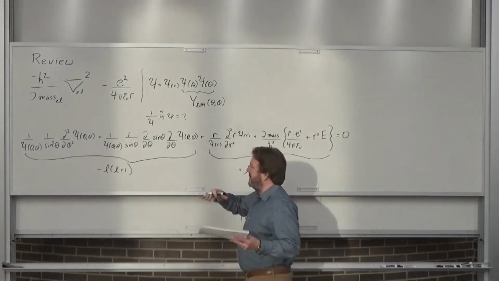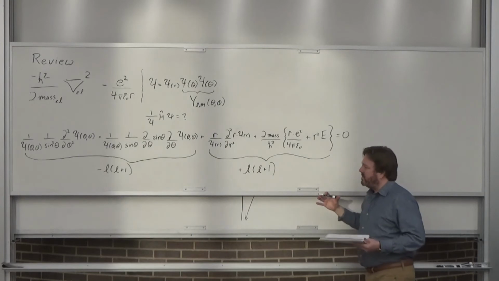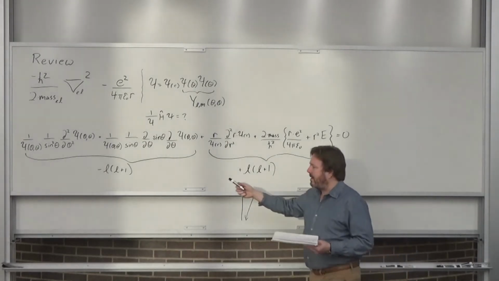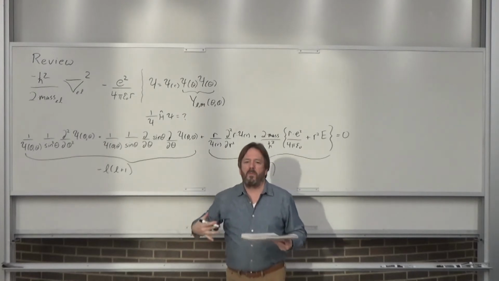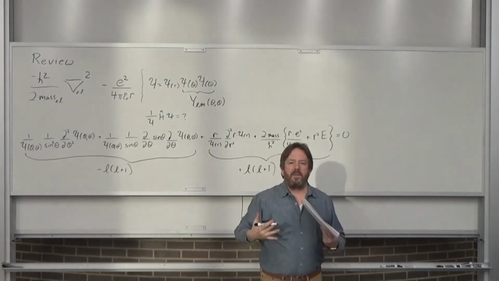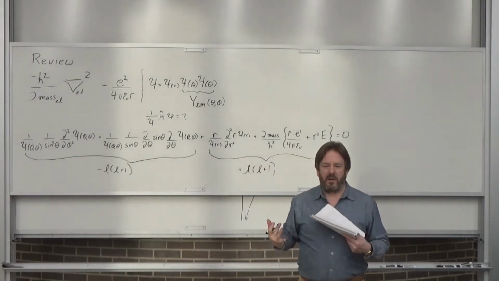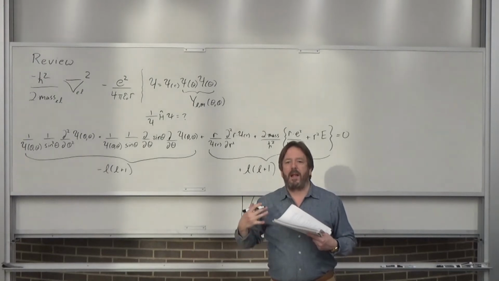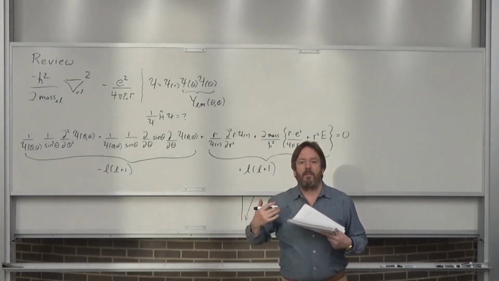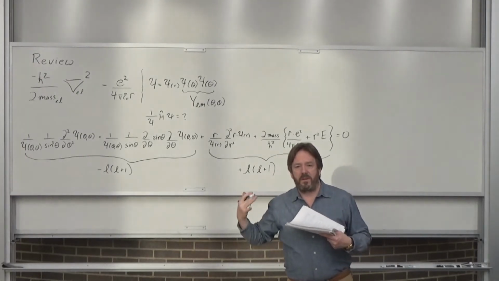What was interesting was, with the 3D rigid rotor, we had an L quantum number and an M quantum number, and they had a dependency on each other. If L was 0 for an S state, then M is 0. If L is 1 for a P state, then M can be +1, 0, or -1.